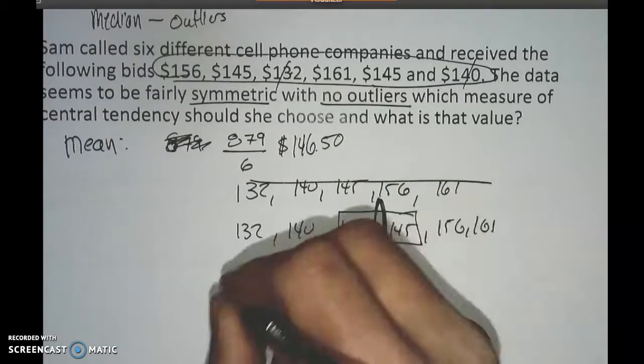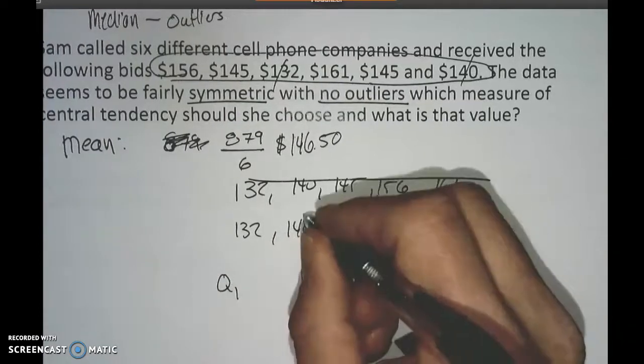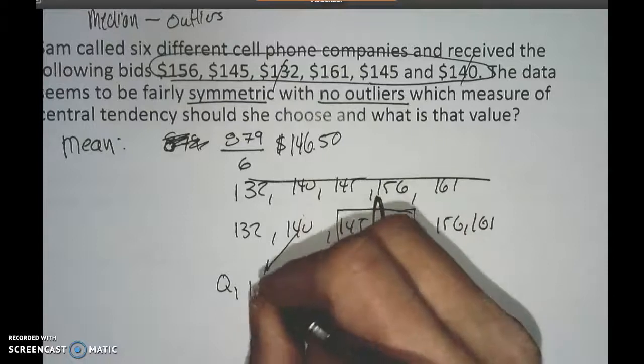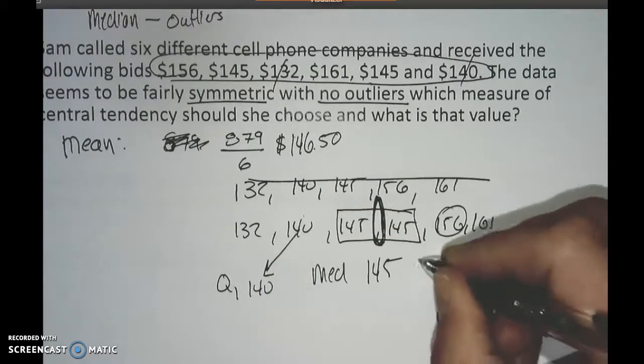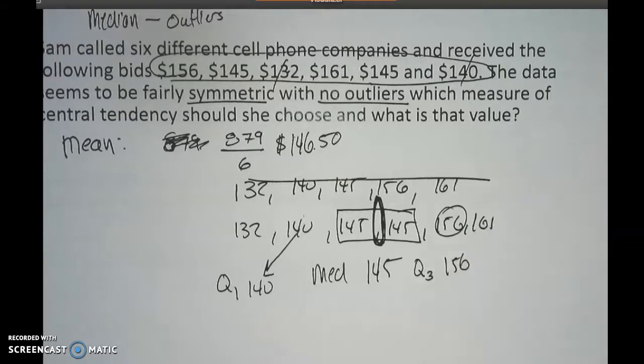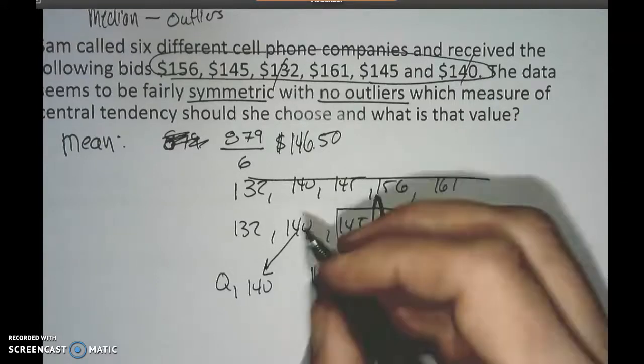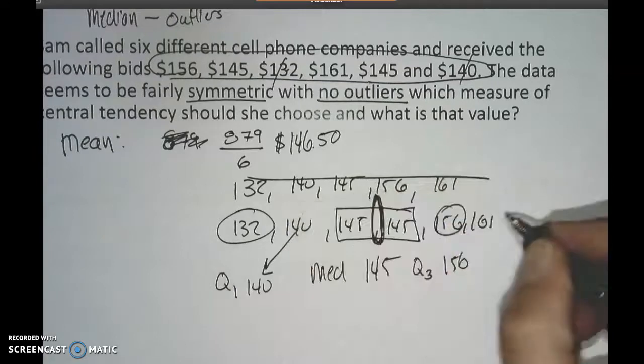Your Q1 would be this value, which would be 140. This value right here would be 156. That's your Q3. That's your lowest value, and that's your highest value.